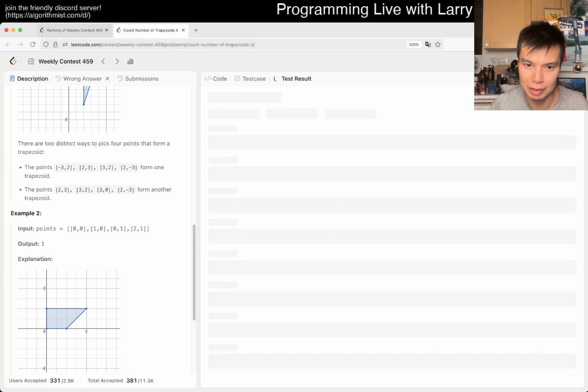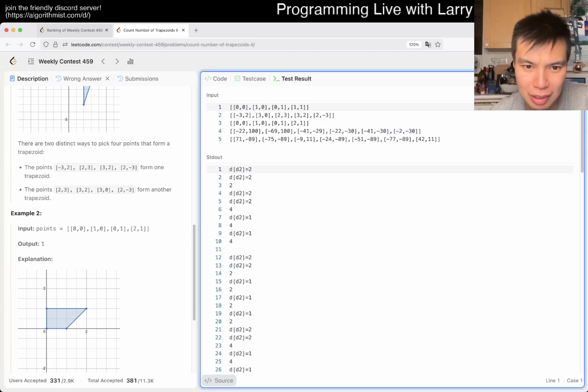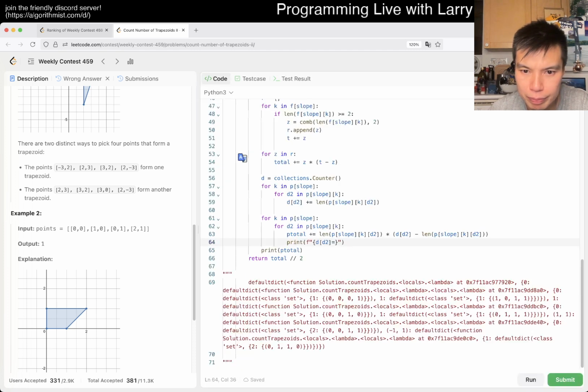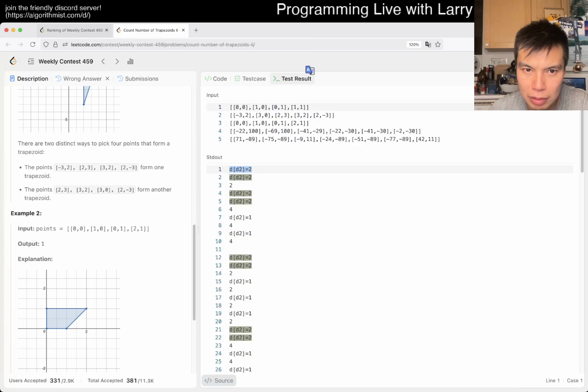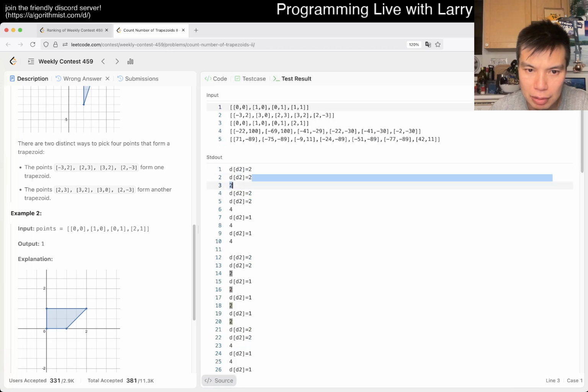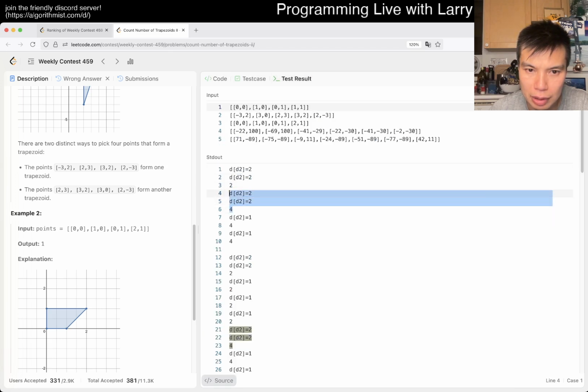Maybe I won't solve this one. I should be close, but okay. So 2 minus 1. So this is going to be 2 minus 1 maybe. So it's going to be 1 and then increments twice. So that's why it's 2, and this is 2 again.